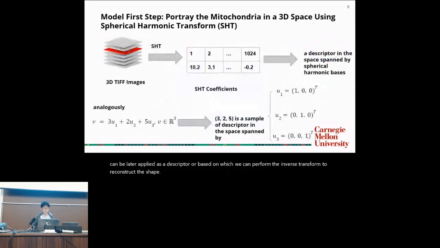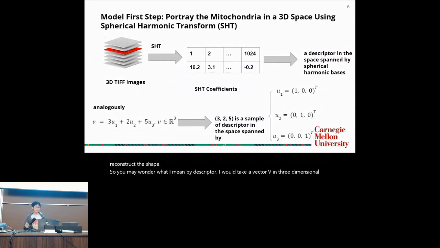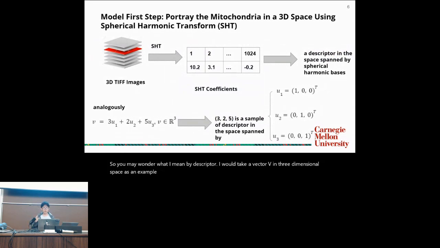You may wonder what I mean by descriptor. I would take a vector v in the three-dimensional space as an example. We know the three-dimensional real space is spanned by three unit vectors, u1, u2, and u3.